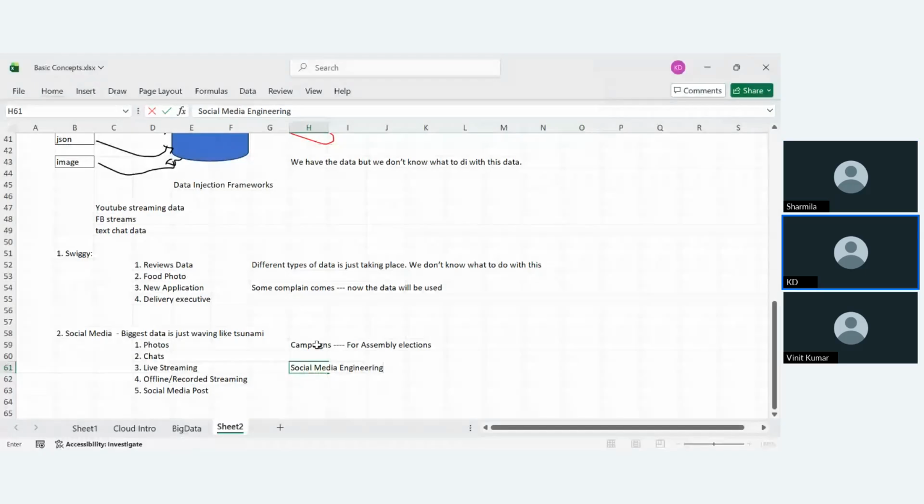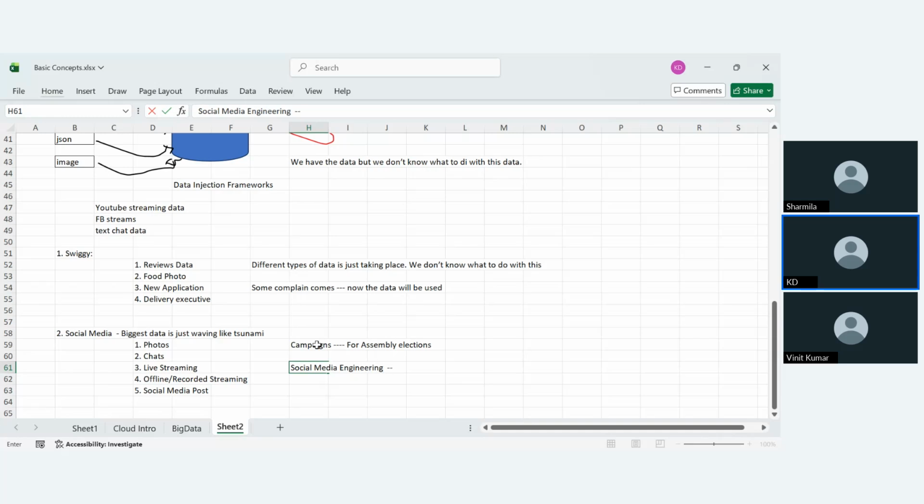Worldwide, wherever elections are happening nowadays, all the big parties, in America, in Europe, in Australia, and India, everywhere, social media engineering is performed.